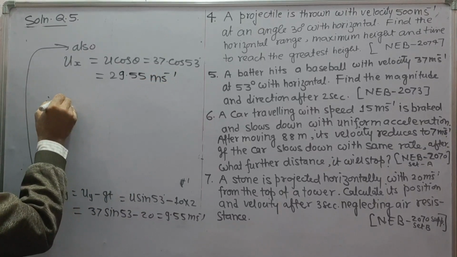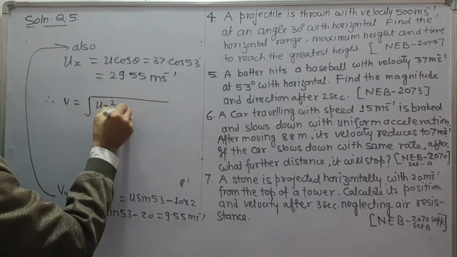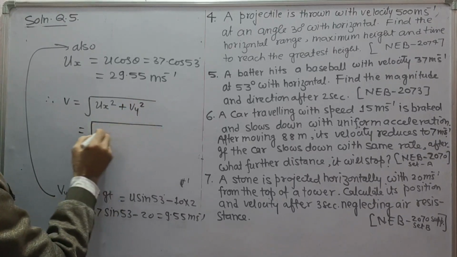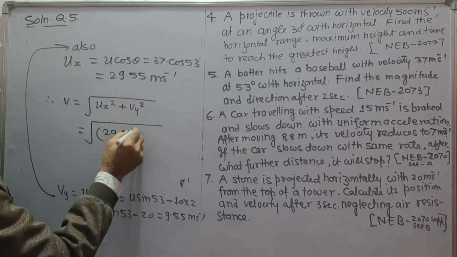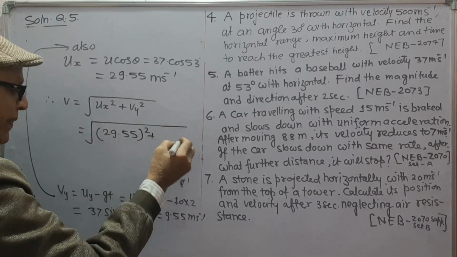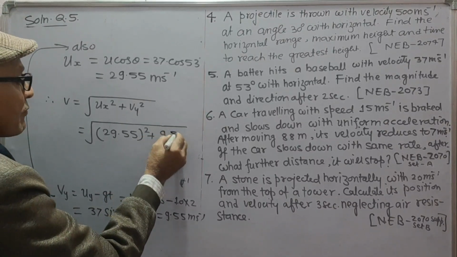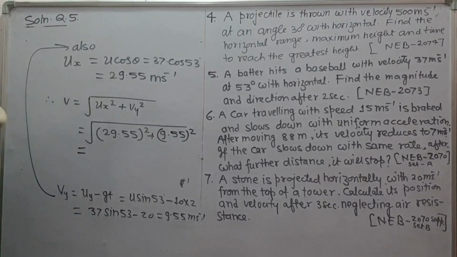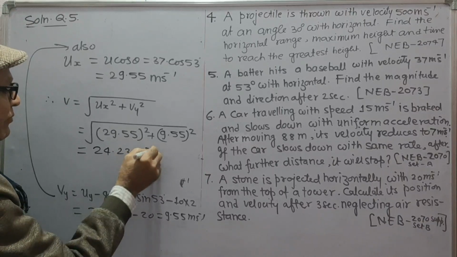Therefore resultant velocity will be square root of u x square plus v y square, equal to 29.55 square plus 9.55 square, which gives resultant velocity as 24.23 meter per second.